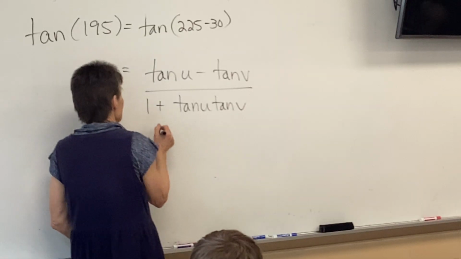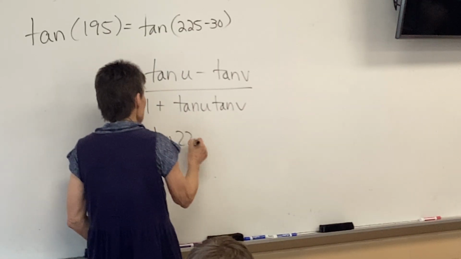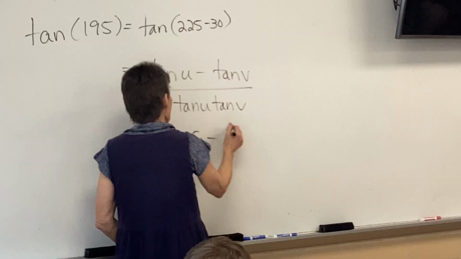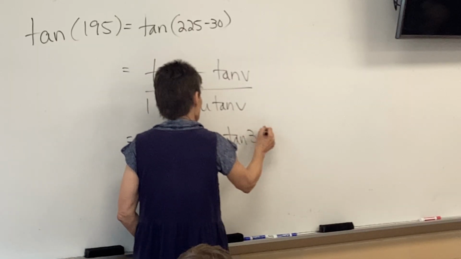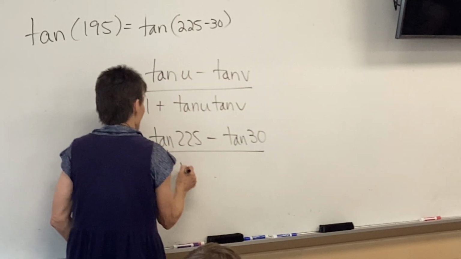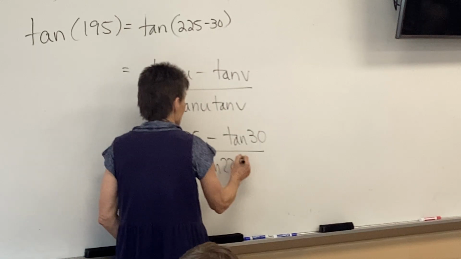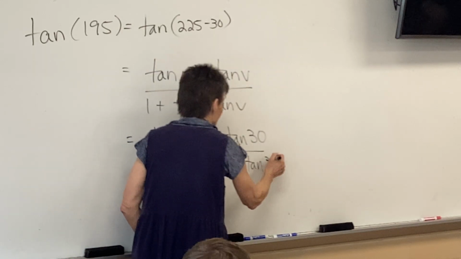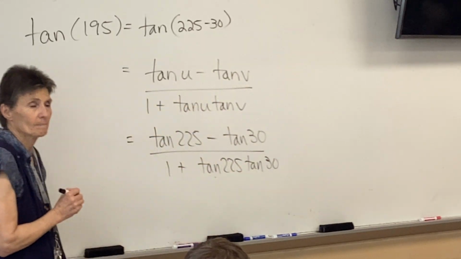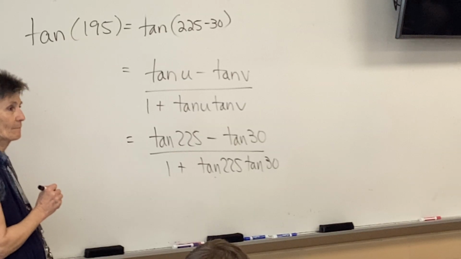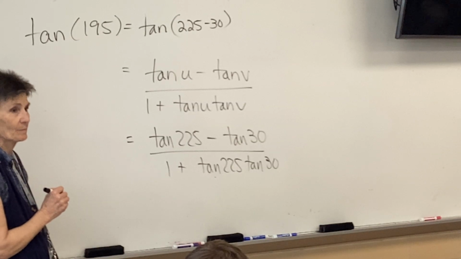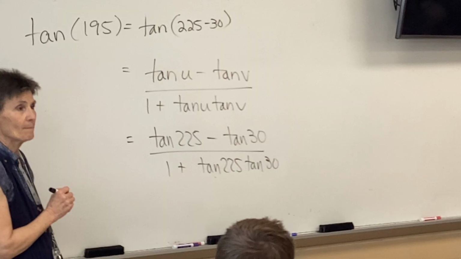So we're going to have tan 225 minus tan 30 over 1 plus tan 225 tan 30. Is that all right?